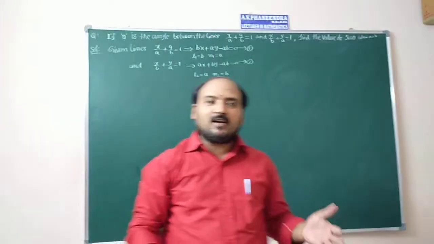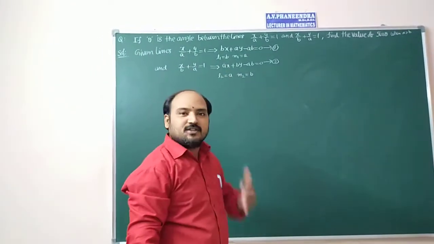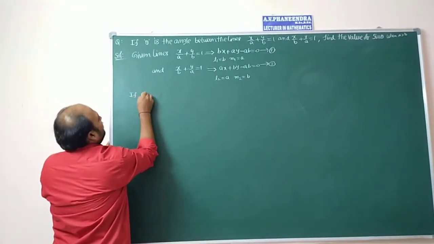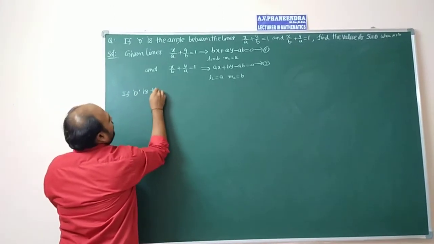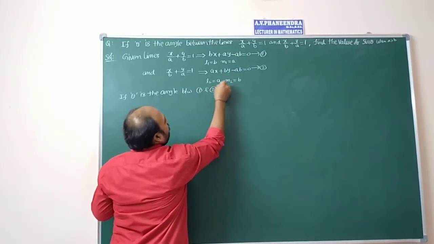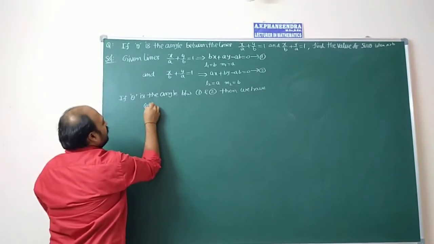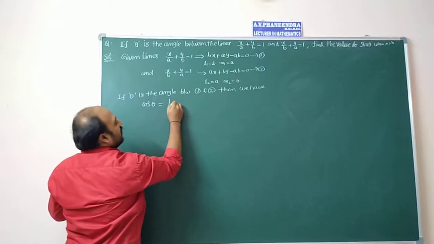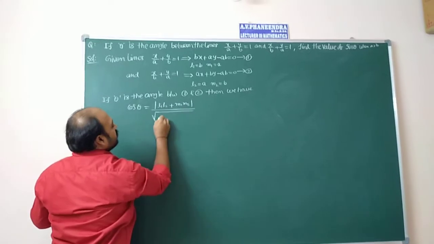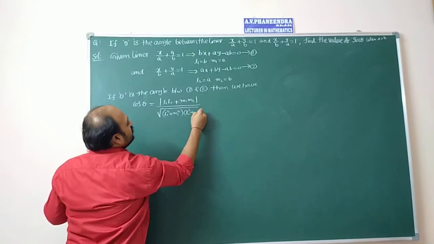We know, in earlier classes and earlier videos also, we discussed that if theta is the angle between the two lines 1 and 2, then we have cos theta equal to, first I am writing the formula, mod L1 L2 plus M1 M2 divided by square root of L1 square plus M1 square into L2 square plus M2 square.